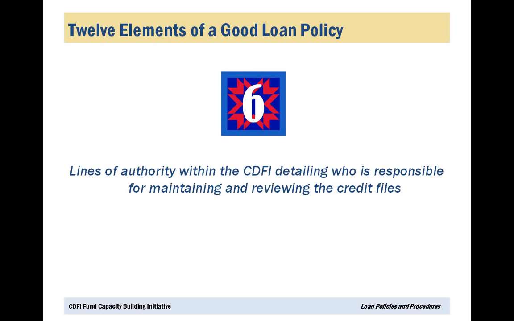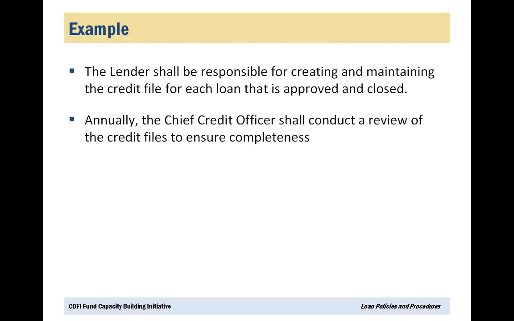All right, element number 6. Lines of authority within the CDFI detailing who is responsible for maintaining these credit files. So, okay, we've just established what goes in them, right? But then who really maintains them? And here's some examples right from individual policies.